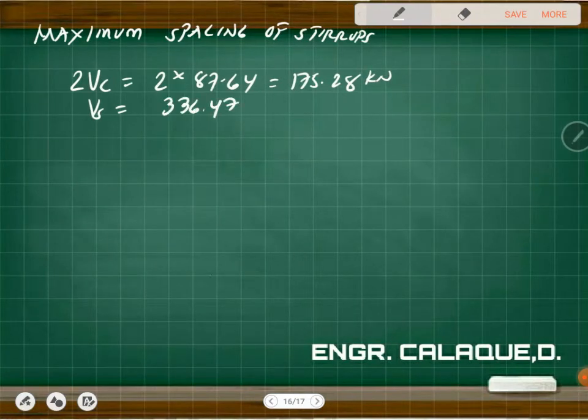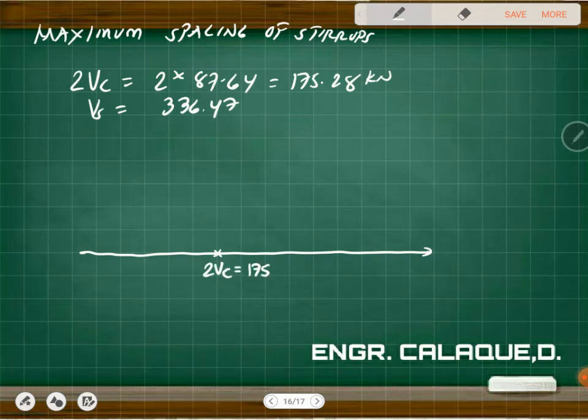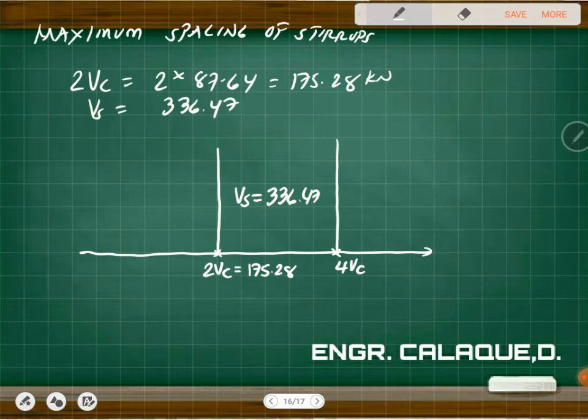So kung ito yung graph natin for the VS, so yung twice ng VC, ito yan, that is 175.28. Okay, so greater than siya ng twice ng VC. So, yung VS natin is andito banda, 336.47. Pero i-check natin yan. Baka against yan ng code. No?